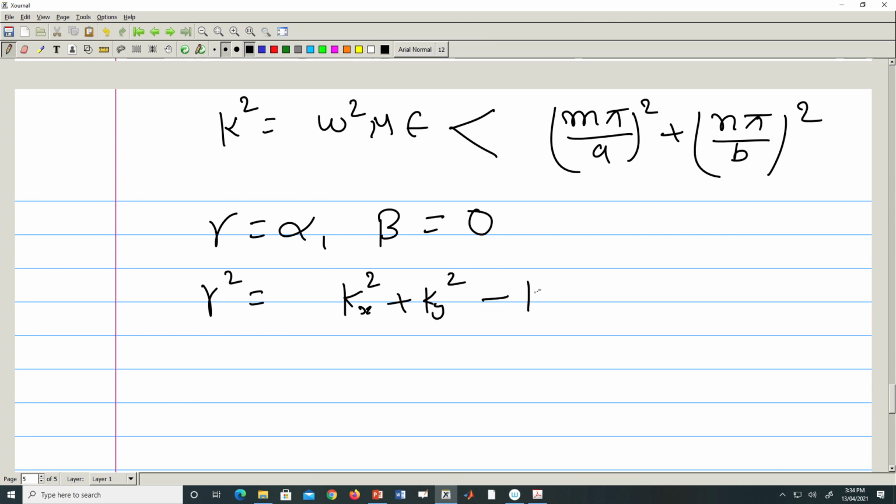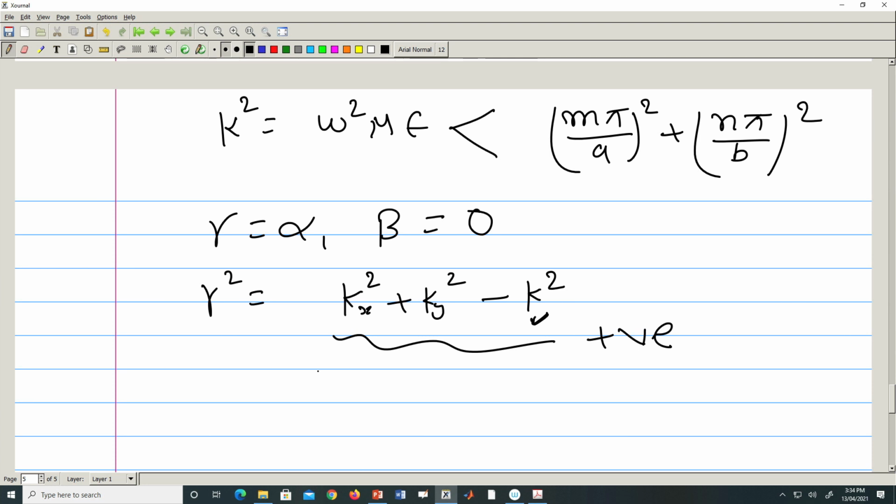It will be a real quantity, and the square root of a positive number gives some real number. That means gamma will be only alpha and beta will be 0, that is, the imaginary part will be 0.